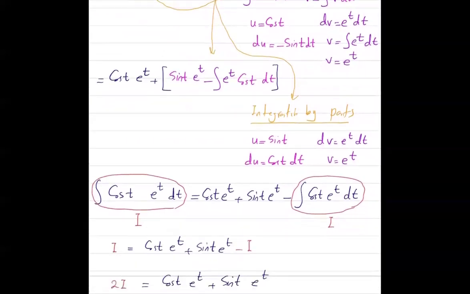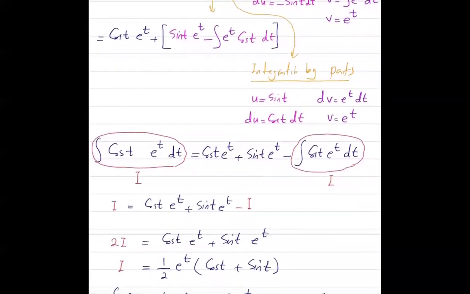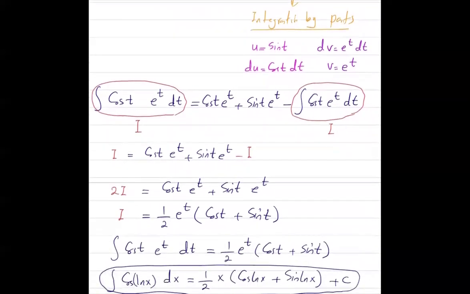Then bring negative I to the other side. You get 2I equals cosine t e to t plus sine t e to t. When you divide everything by 2, I is equal to a half e to power t times cosine t plus sine t. And what was I originally? I was the integral of cosine t e to power t dt that you wrote down on the left-hand side. This is basically your I.